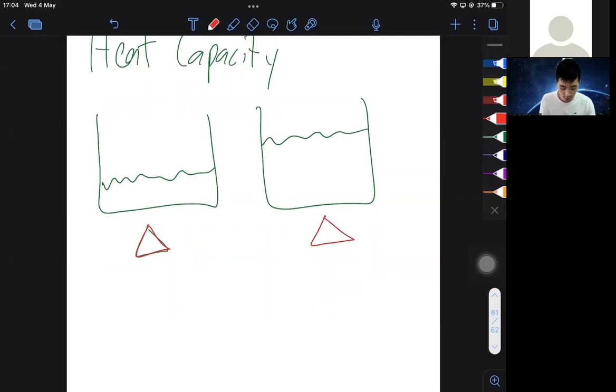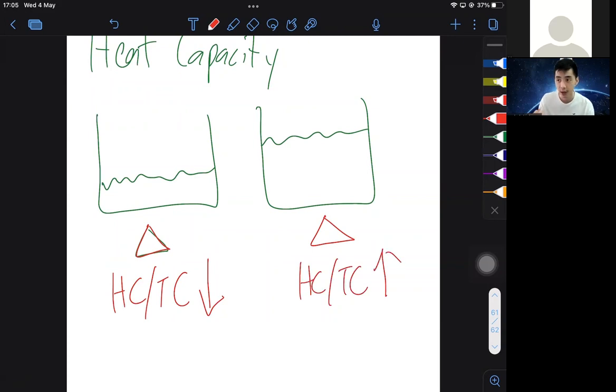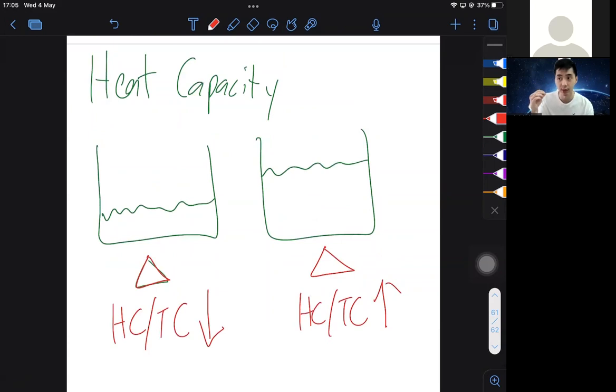So in terms of heat capacity, or sometimes known as thermal capacity, I could say that the heat capacity or thermal capacity of the little water is less than the heat capacity or the thermal capacity of the pot with more water. Whenever you talk about heat capacity, you just have to understand whether it is easy to heat up or it is very hard to heat up. And nonetheless, obviously, the heat capacity of less water is going to be much less.